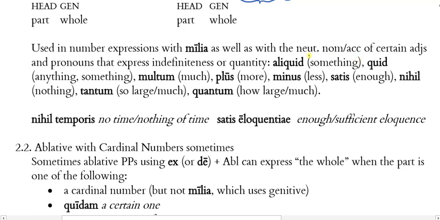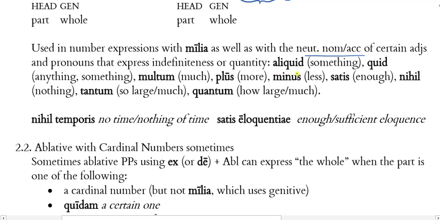Okay, and then this is also used with the neuter nominative accusative of certain adjectives and pronouns that express indefiniteness or quantity. So Wheelock doesn't give you the meaning of these words that are in the grammar, but here are the words they provide, and I've given you the English gloss here in parentheses.